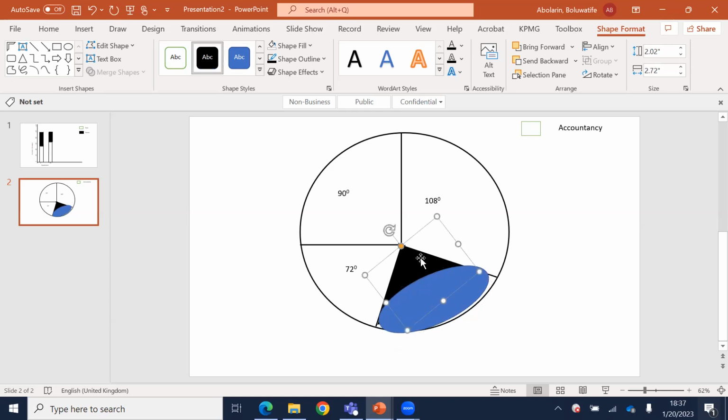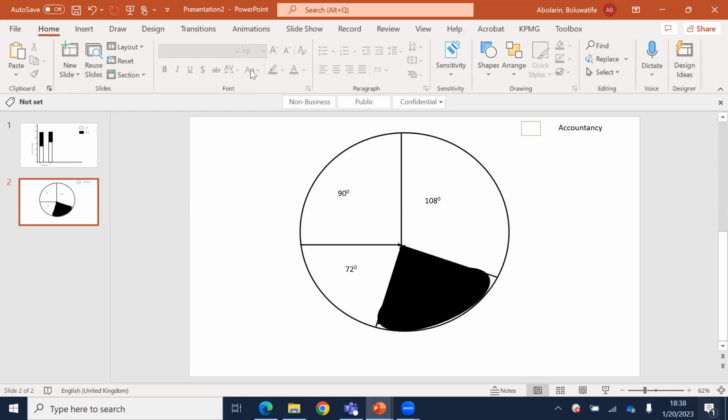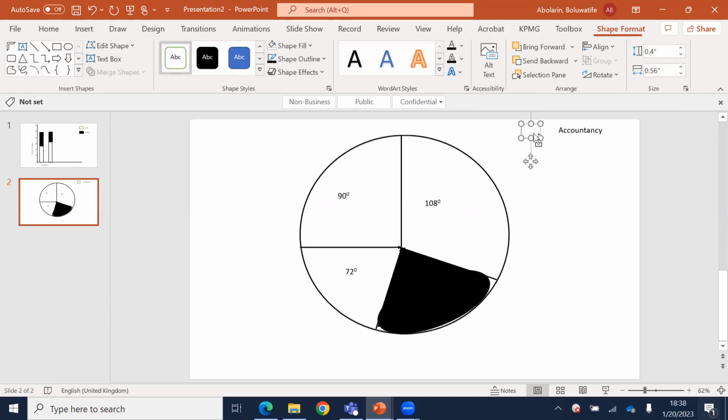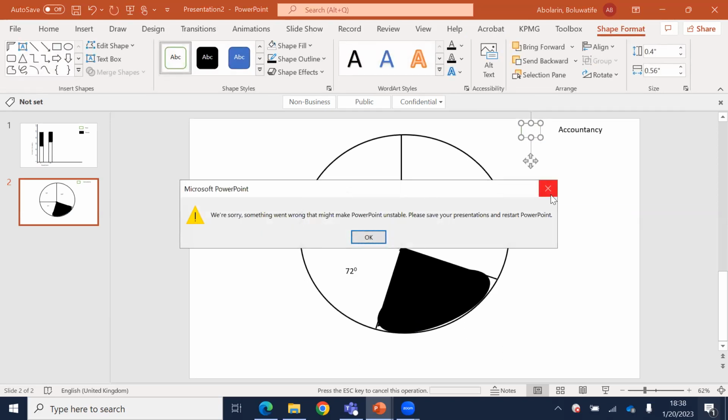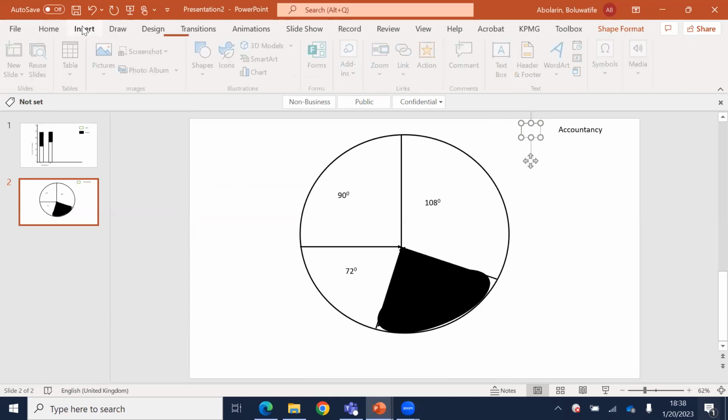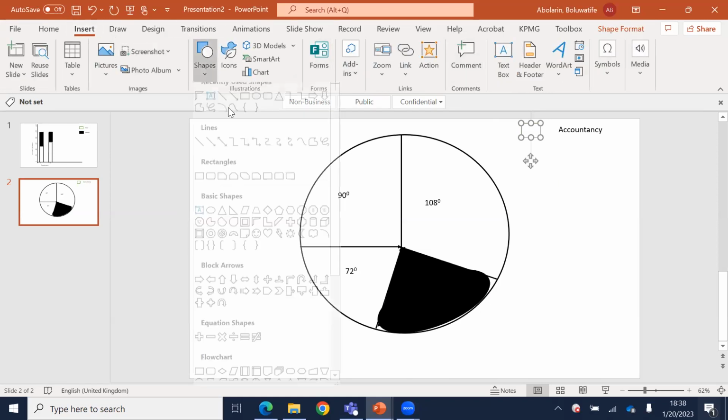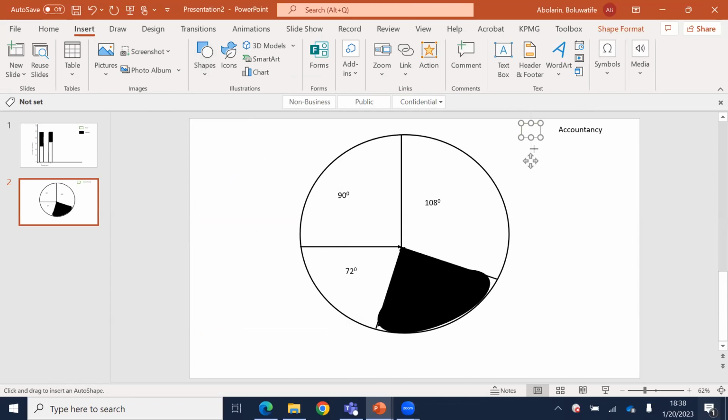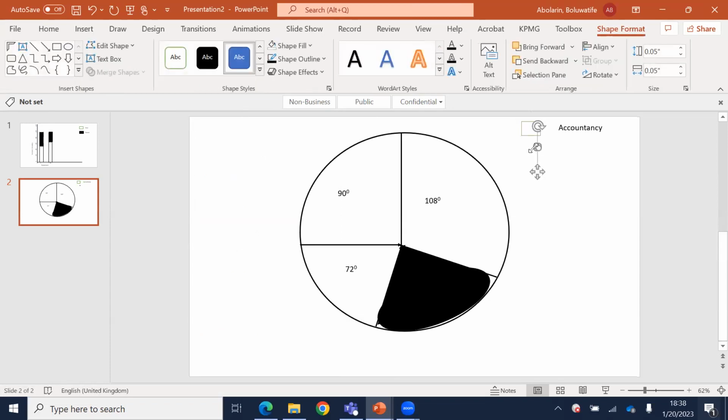It may not be perfect as I want, but I sure want this place to be colored. So this second one we name it business administration.